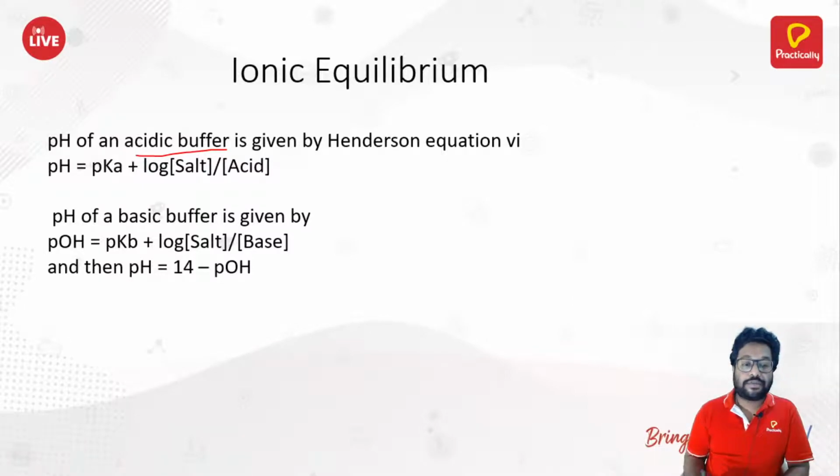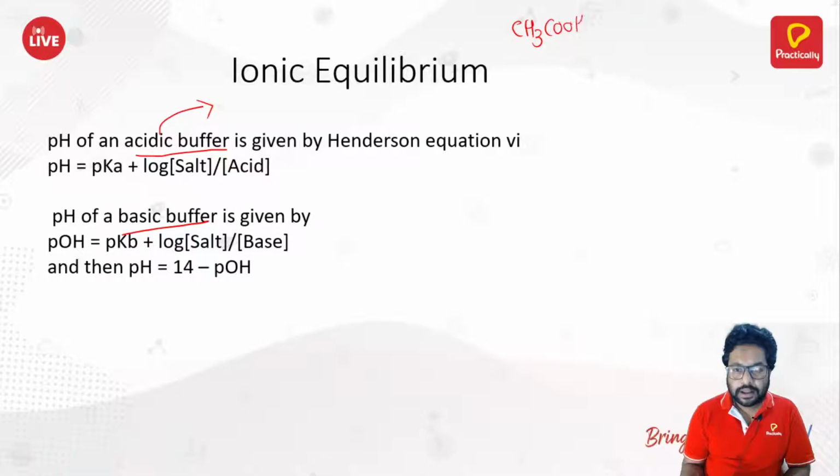So what is the formula for an acidic buffer? There are two types of buffer: acidic buffer and basic buffer. What is an acidic buffer? An acidic buffer is an equimolar mixture of a weak acid and its salt with a strong base. For example, a weak acid like acetic acid plus its salt.